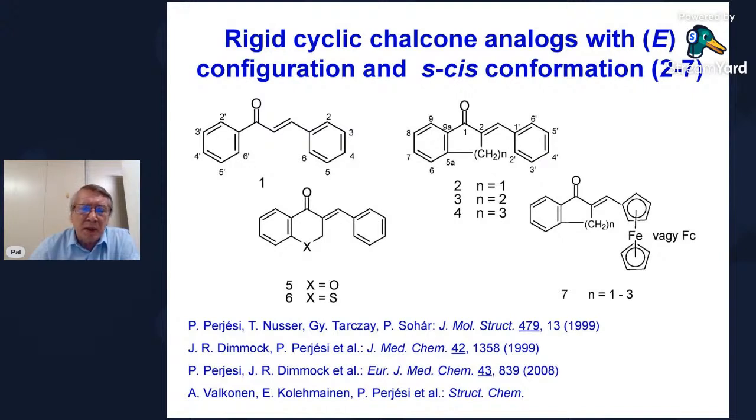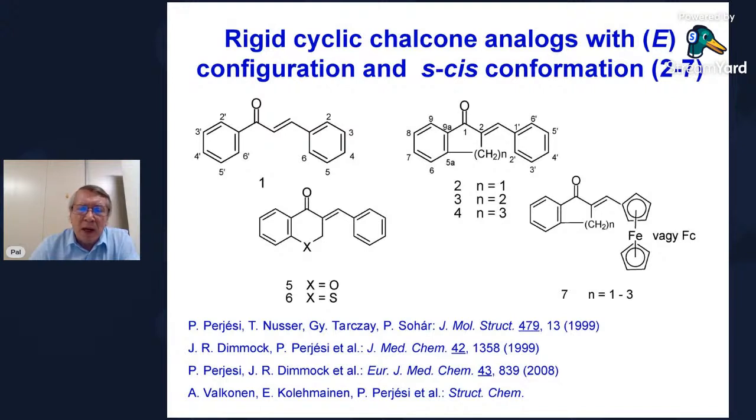In the case of the heteroanalogs of the 6-membered cyclic chalcone analogs, we will show results with those in which oxygen or sulfur atoms are incorporated. We have also synthesized ferrocene analogs of chalcones.